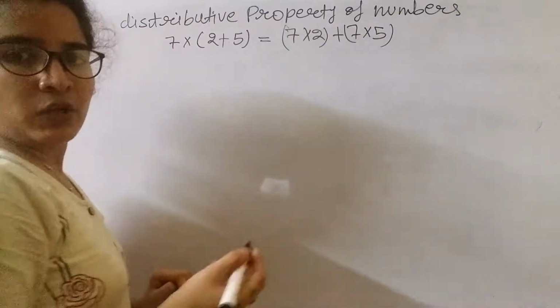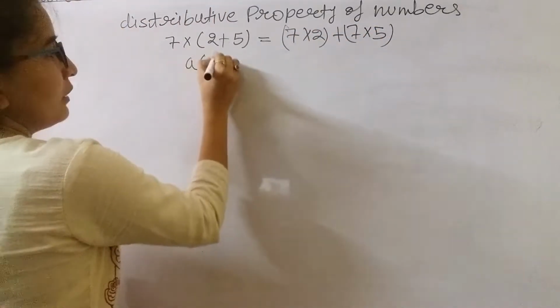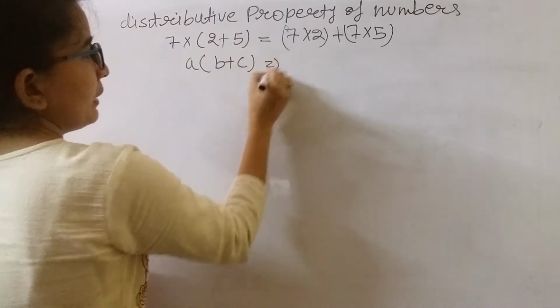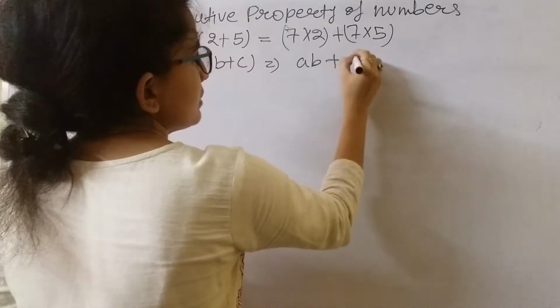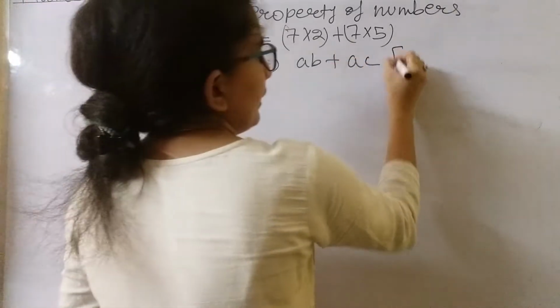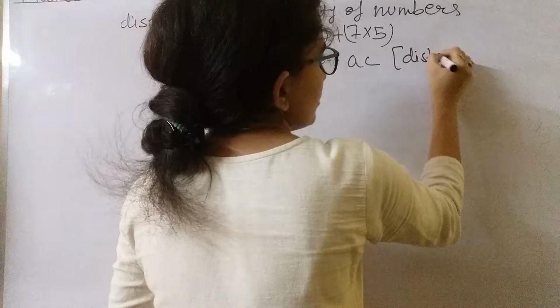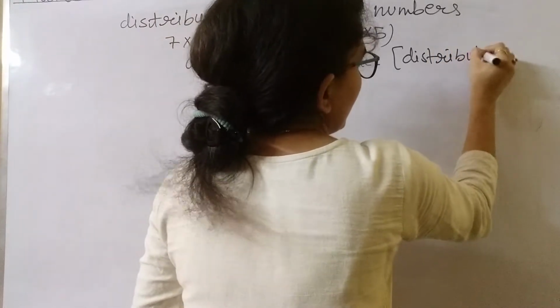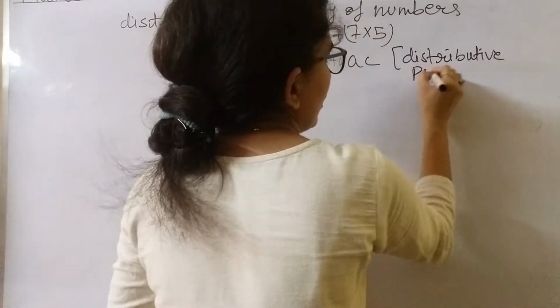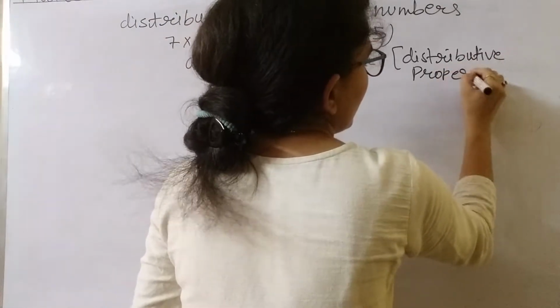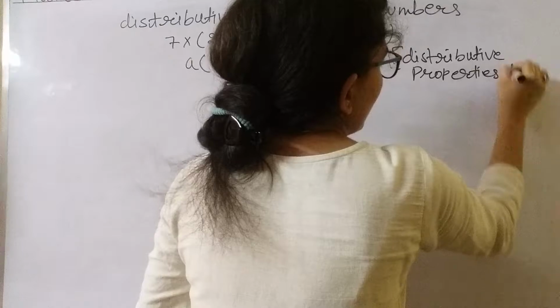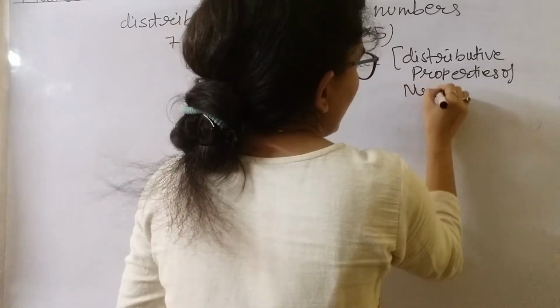It means for any three numbers a, b and c, a multiplied with b plus c means a multiplied with b plus a multiplied with c. We call it distributive property of numbers.